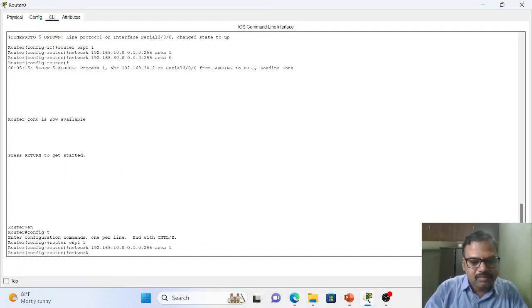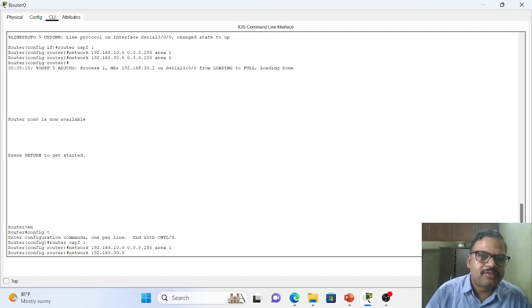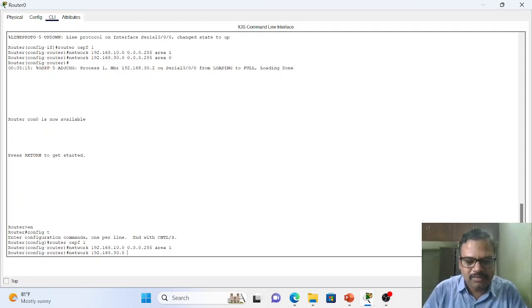The network address I have used is 192.168.30.0. And I have assigned the router addresses: 192.168.30.1 for router 0 and 30.2 for router 2, which is the same architecture I used for my EIGRP protocol.